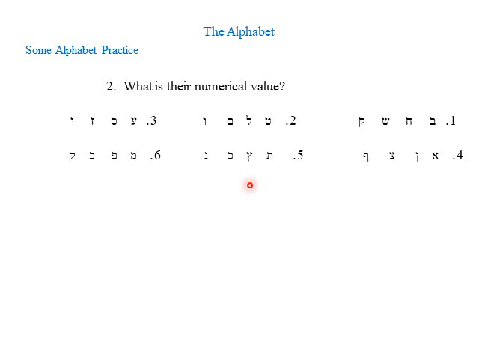Tzadi Sofit, Tzadi is 90. Kaf, 20. Nun, 50. 6. Mem, 40. Pei, 80. Kaf, 20. Kuf, 100.